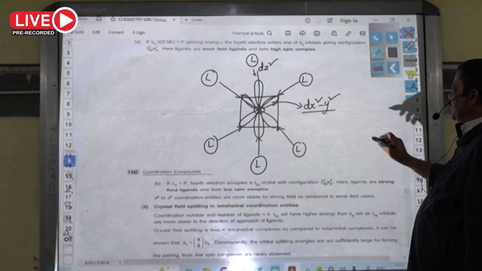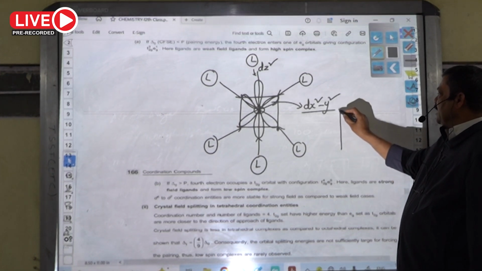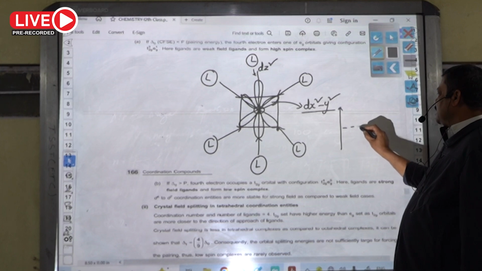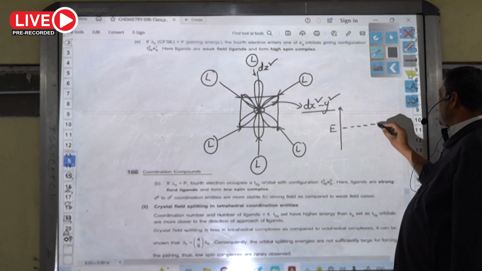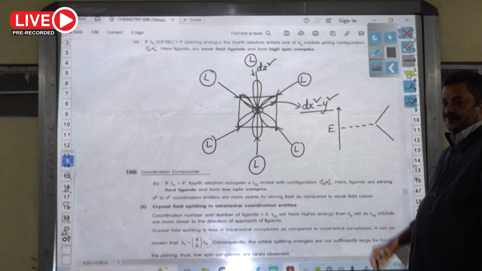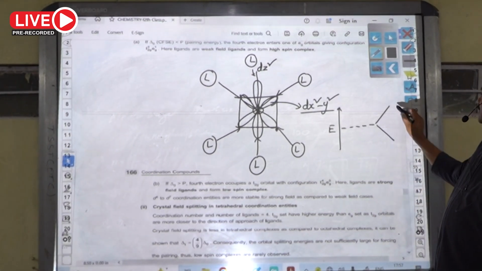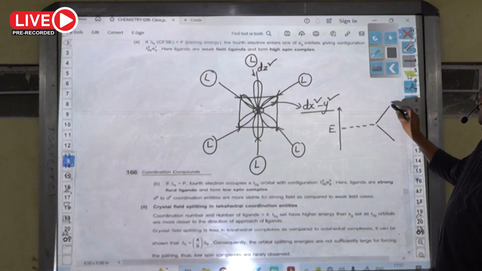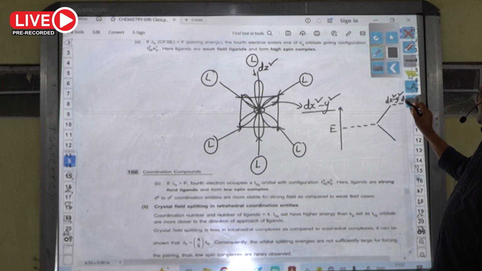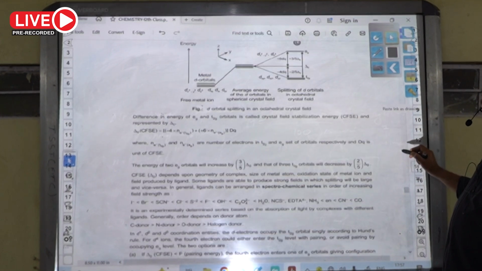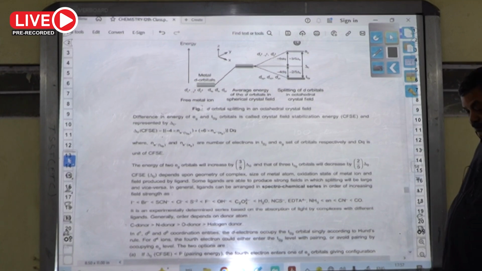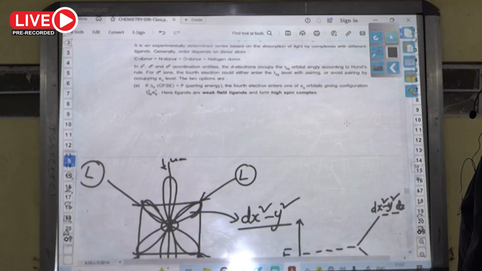That's why in octahedral field, the 5 d orbitals, initially with the same energy, are splitting into 2 categories. dx square minus y square and dz square are facing maximum repulsion. That's why their energy is high.